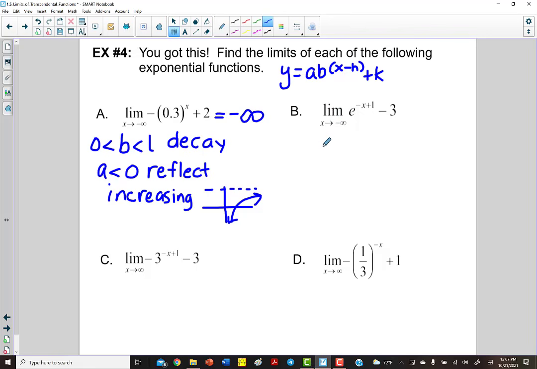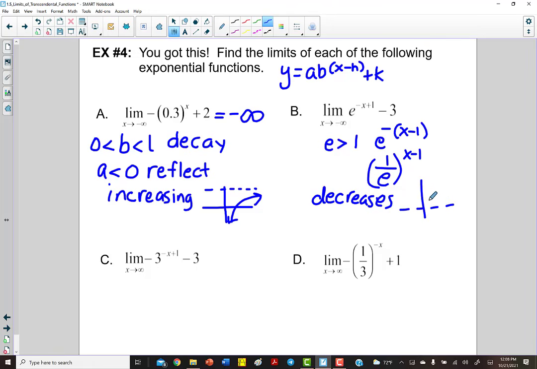This one, in this case, we know e is bigger than 1, but we have e to the negative 1 power. So if I thought about it this way, we would think about it as 1 over e to the x minus 1 power. So this becomes a decay problem, and our function is going to be a decreasing function.